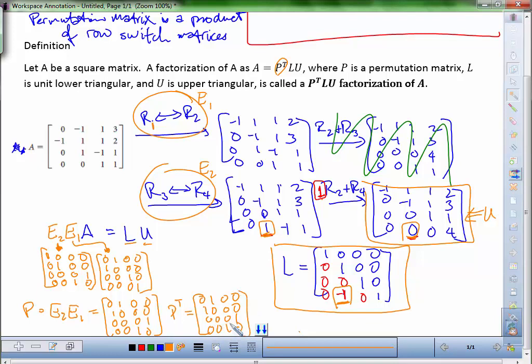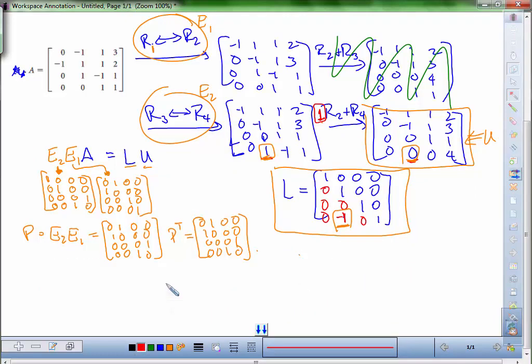So that's my P^T. And I think I would be done at this point. And we can rewrite our A as a product of matrices. First, the permutation matrix.